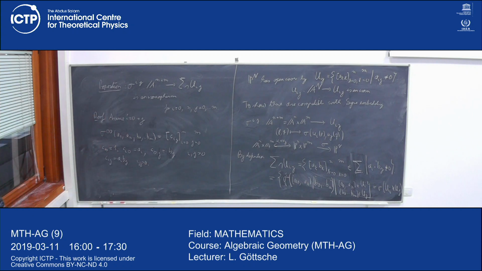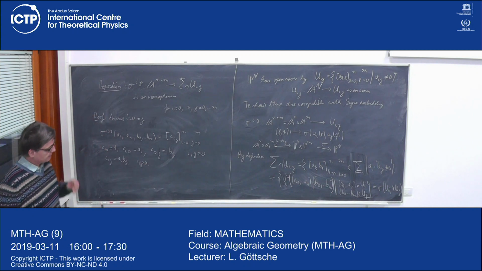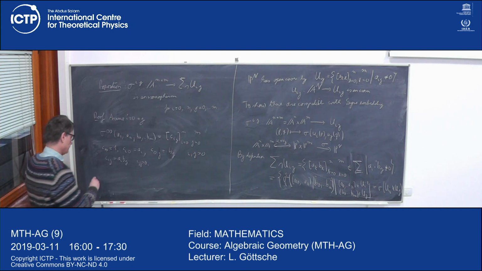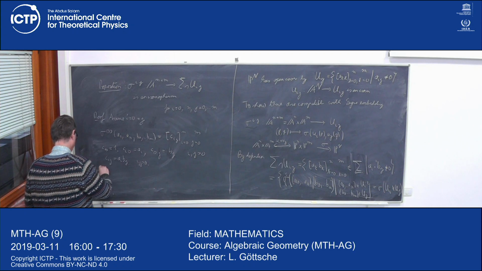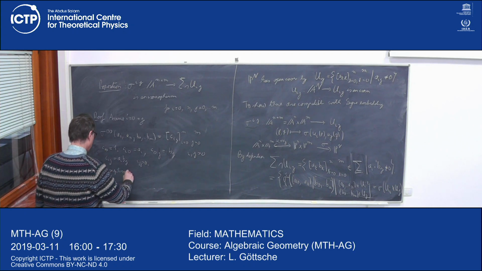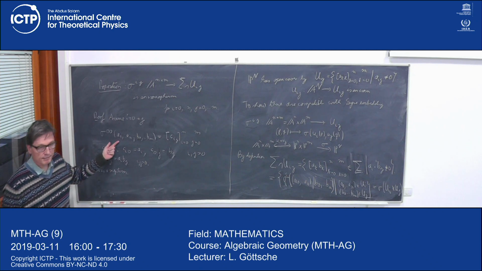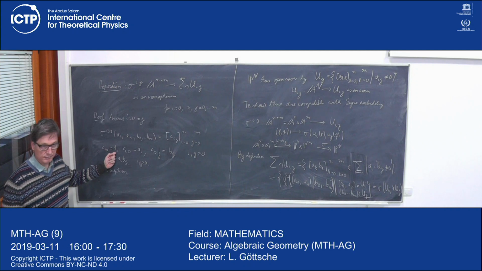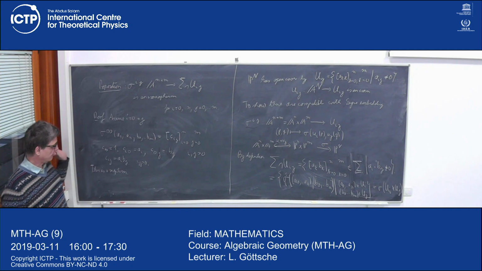Okay, so this is the thing. This also means you can see this is now a morphism, because the coordinates of the map are regular functions. 1 is a regular function. So in particular, these are all regular functions.